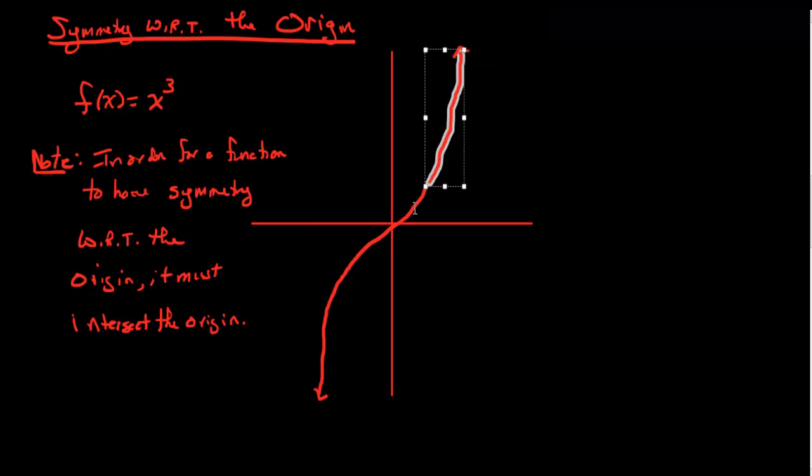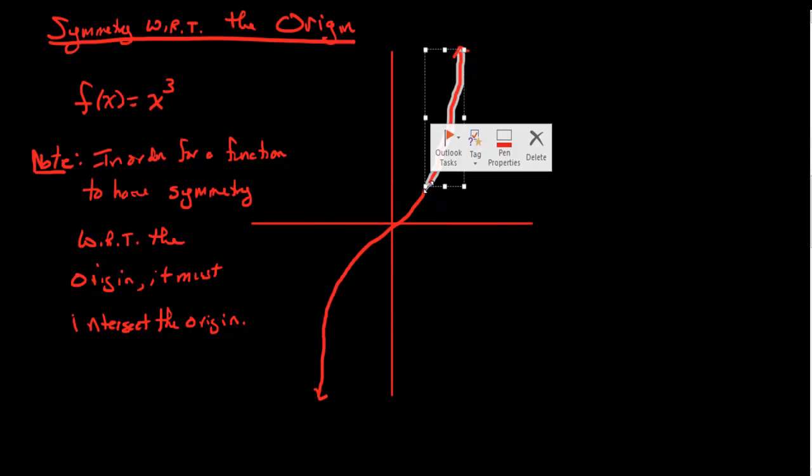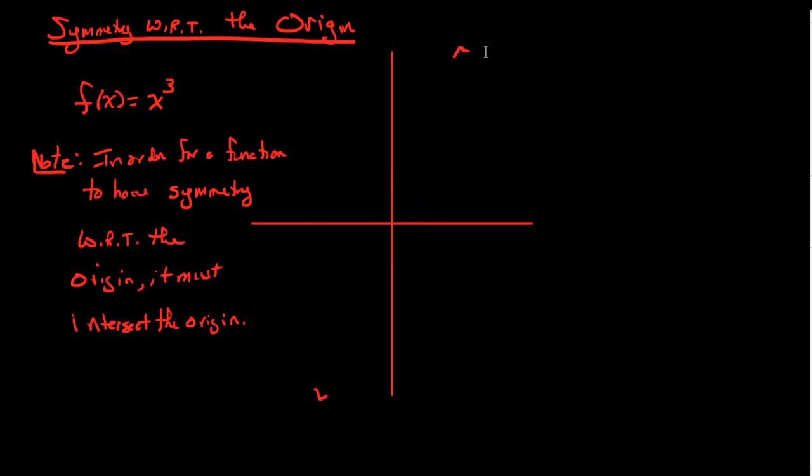Now I'm going to have to highlight both of them. Let's see if I can do that here. Oh, I can't. So I'm going to delete that and redraw it all as one. So it's going to come down here. Hopefully I can do this correctly.